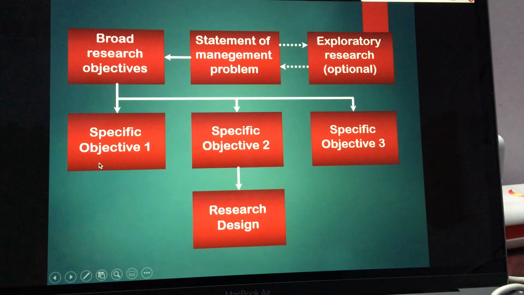For example, level of awareness can be broken down into how many customers know the brand name. When I say XYZ, how many of them know that XYZ is a brand of sanitizer? An example.